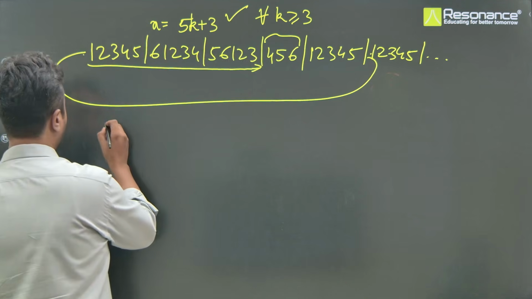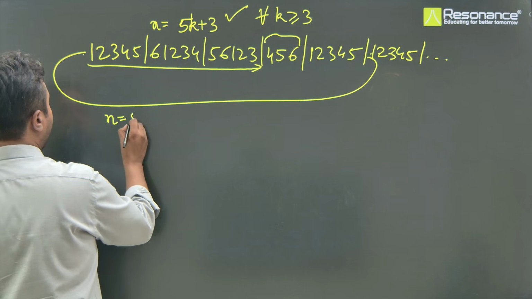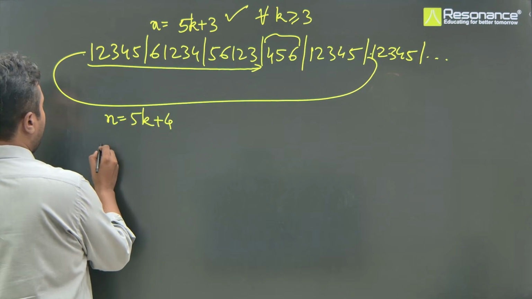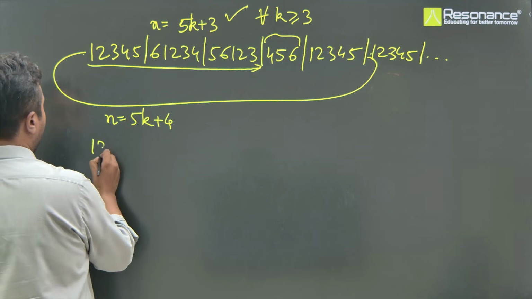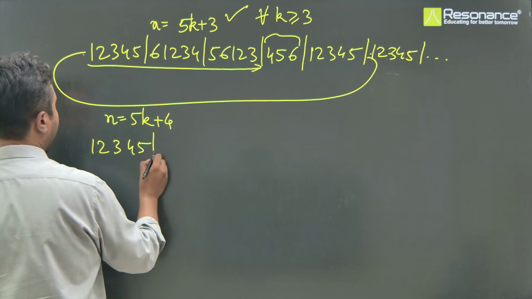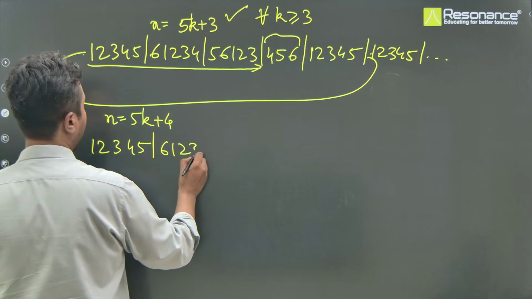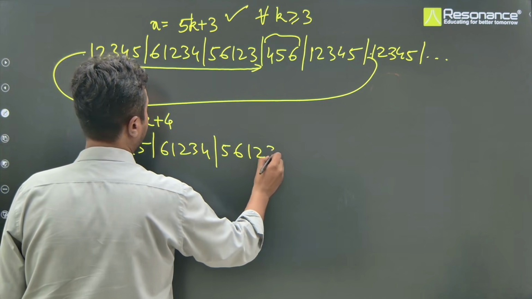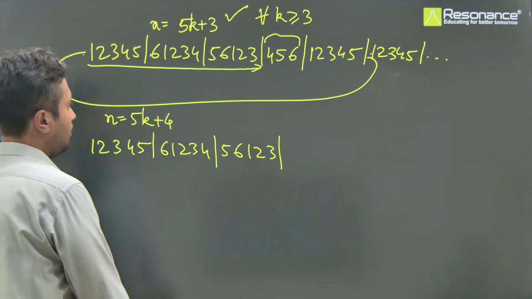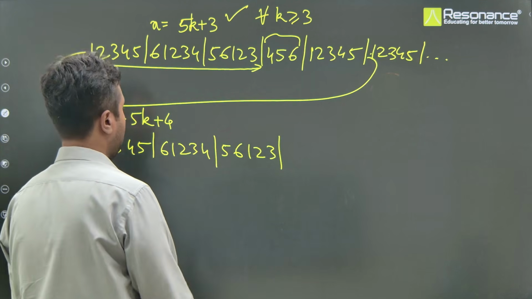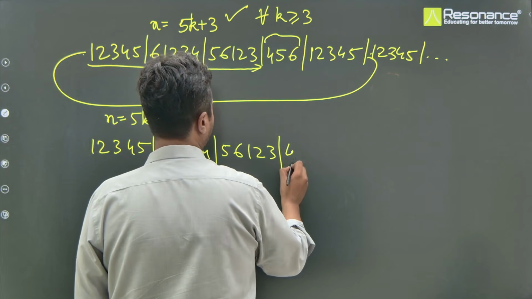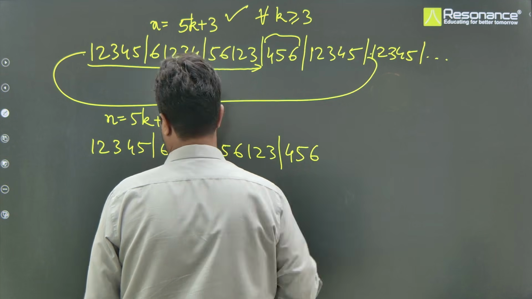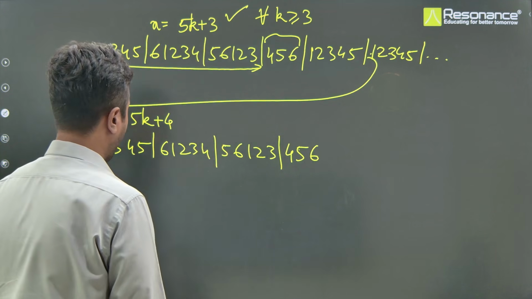Okay. Now n equal to 5k plus 4. Let's just think about this one.